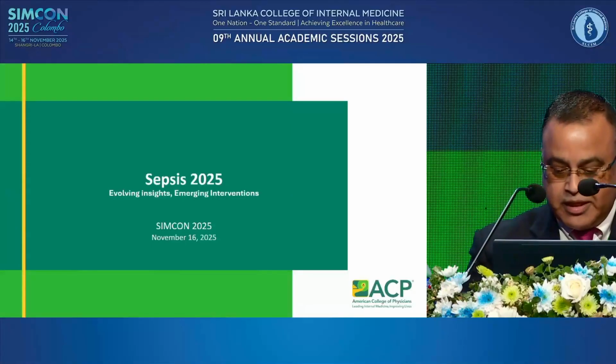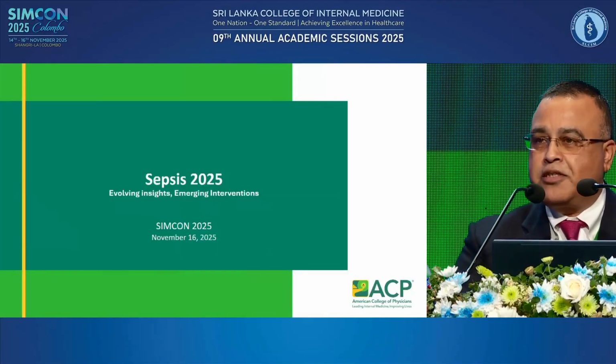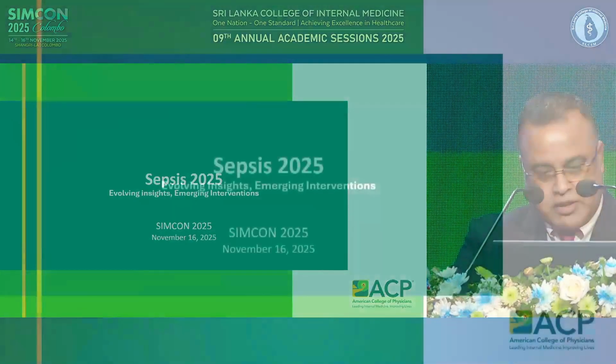All right. So the next 15 or 20 or 25 minutes is Sepsis 2025, Evolving Insights and Emerging Interventions. And you will see where history is very important for me. We can learn so many things from history so that we are better prepared for the future.